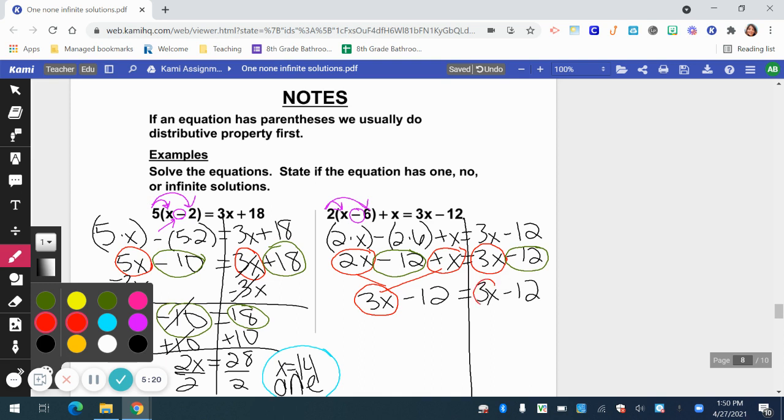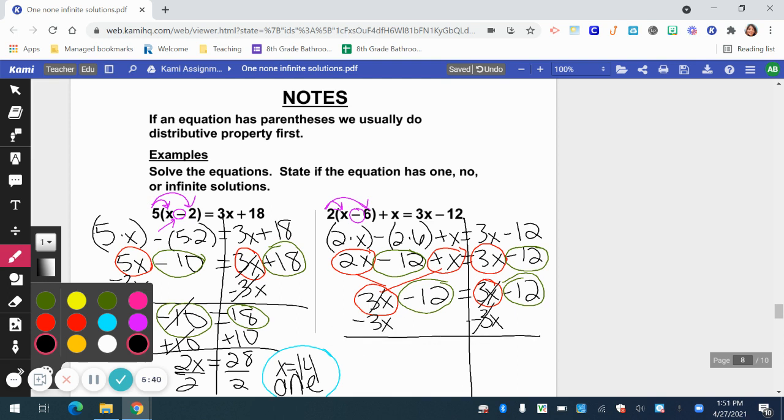So I'm going to circle my coefficients and variables with red, and I'm going to circle my integers with green. And remember, I like to get rid of my x's first, and the inverse operation of positive 3x is going to be negative 3x, or minus 3x.